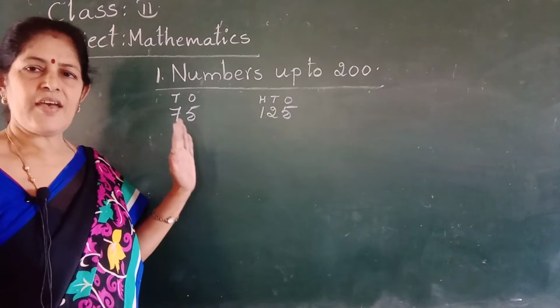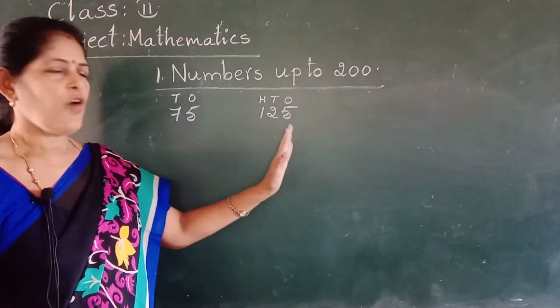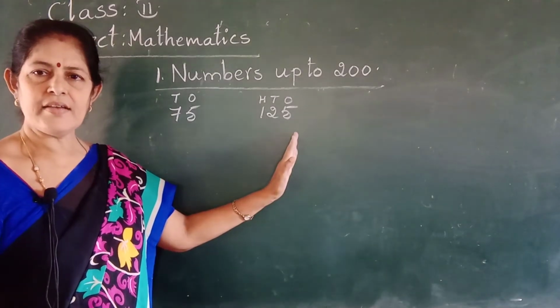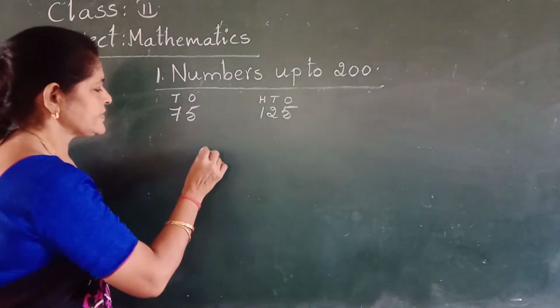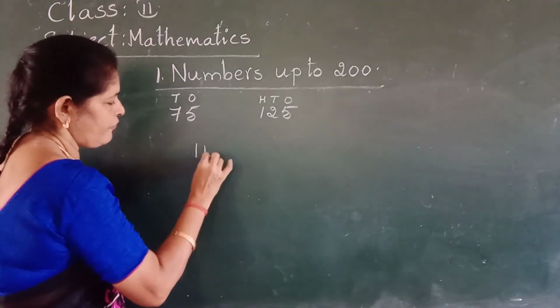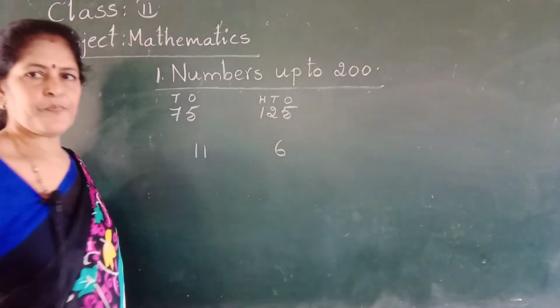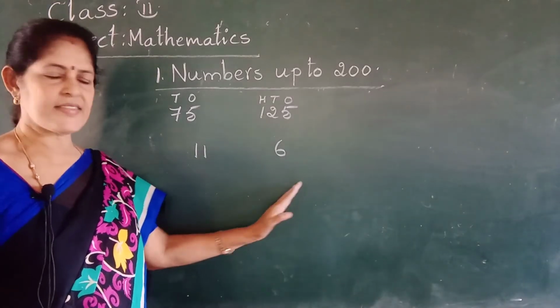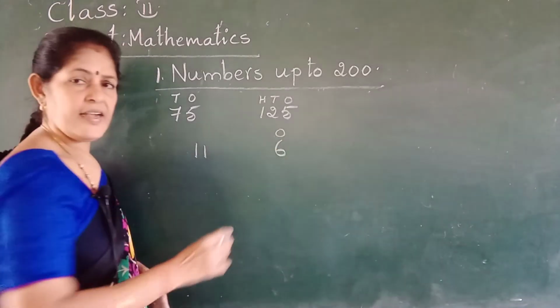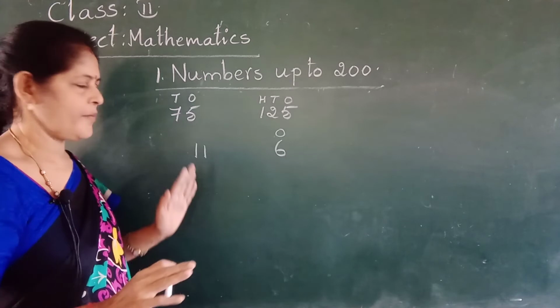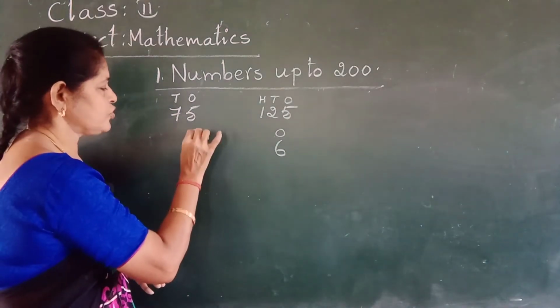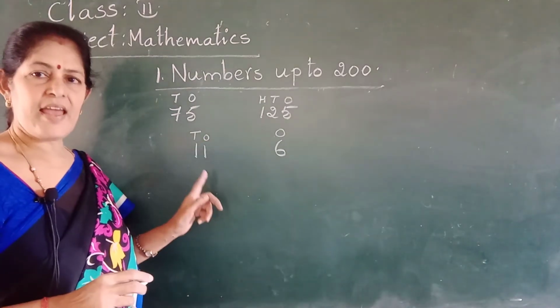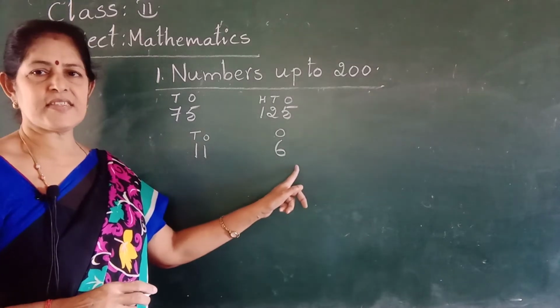That means 75 is small, 125 is big. Very good. Suppose 11 and 6. 6 has only one digit, only ones. 11 has 2 digits. That means 11 is big, 6 is small.